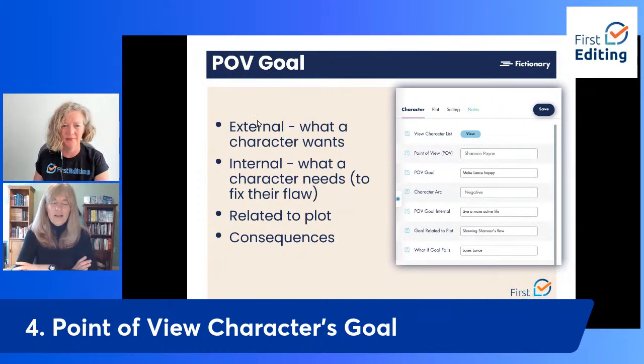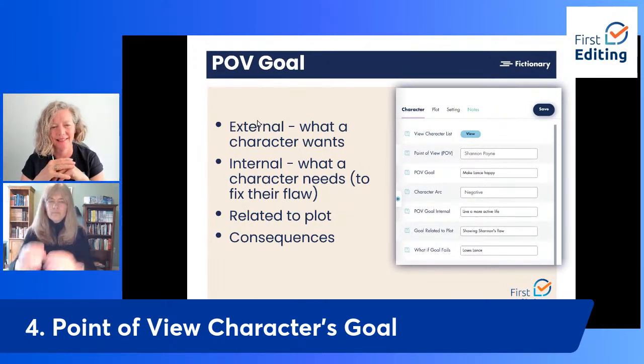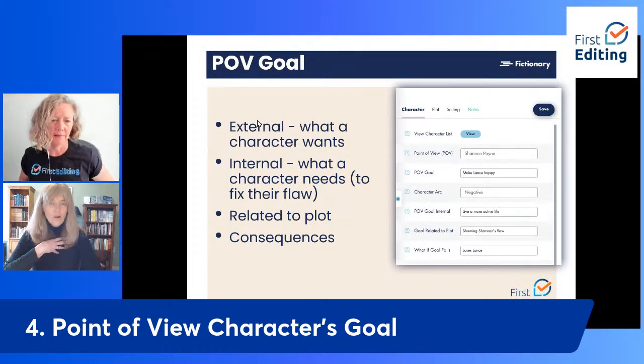A character can have their external goal, which typically changes every scene, or it might stretch over a few scenes in a row. Escape from the crumbling building could take a few scenes, and that's their external goal. The internal goal is what they need to fix as their character. And this one could be the same internal goal across the entire novel, or it could switch partway through the novel.